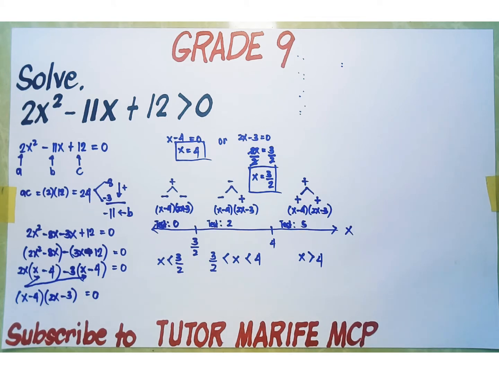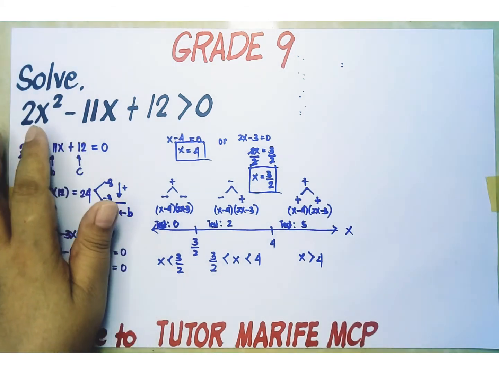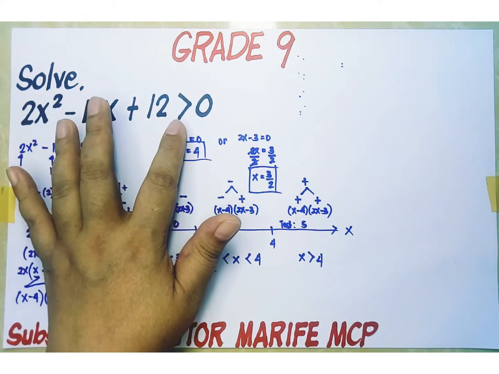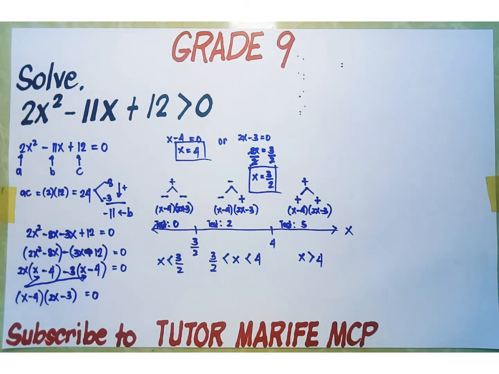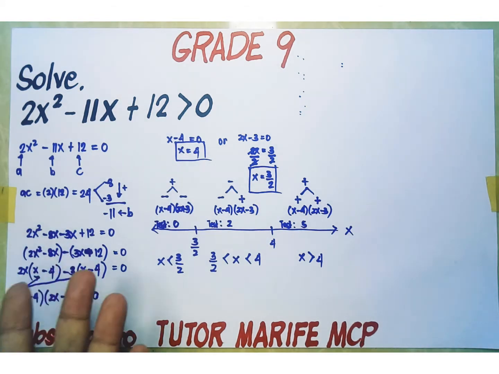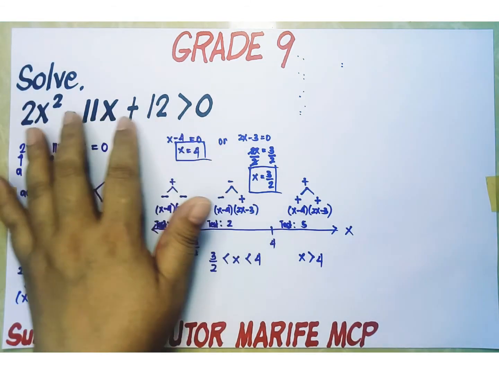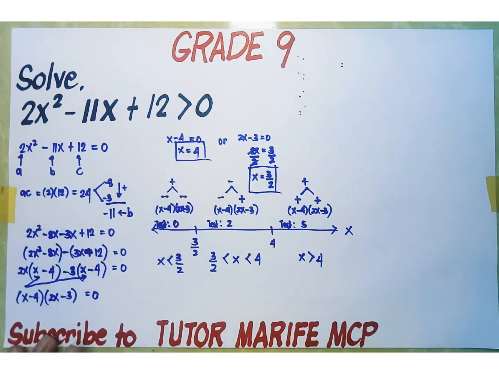Okay? So, let's go back to our original inequality, 2x squared minus 11x plus 12 greater than 0. When solving for the solution set of this given inequality, we want the interval of x that make this inequality true. Okay?